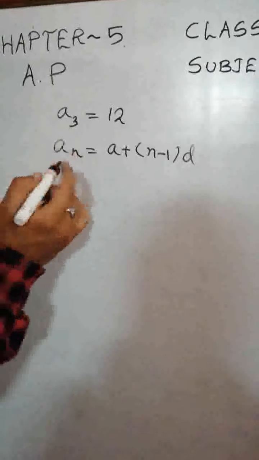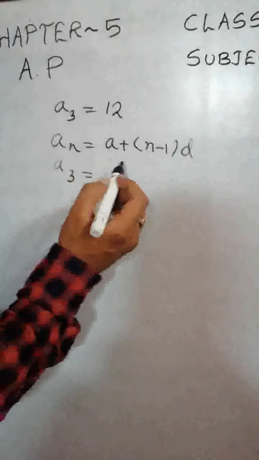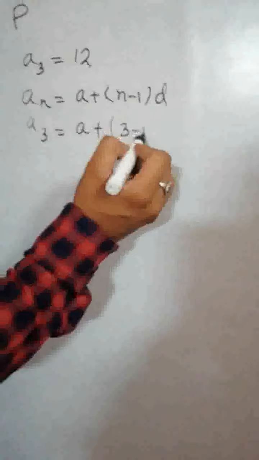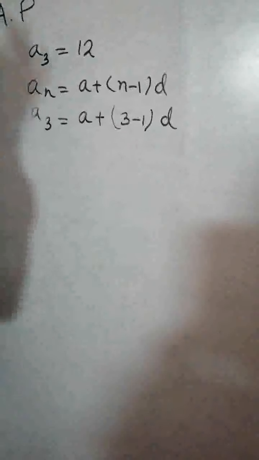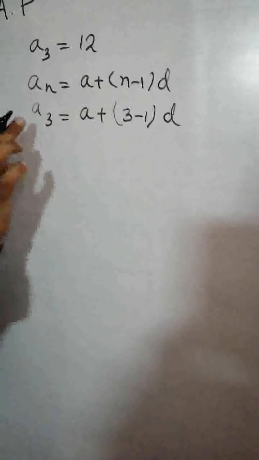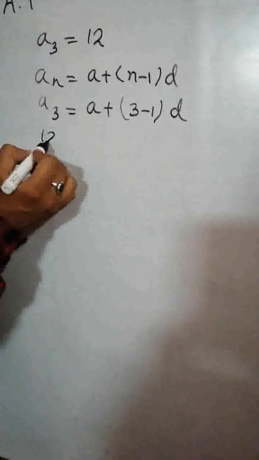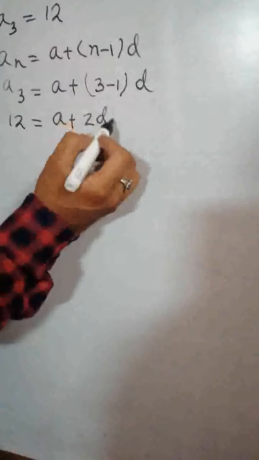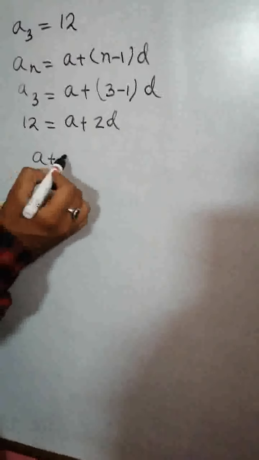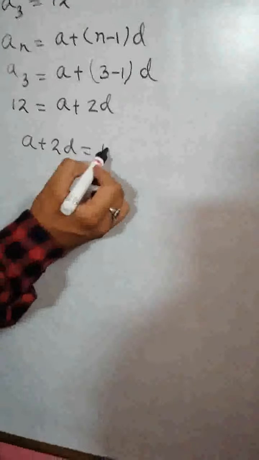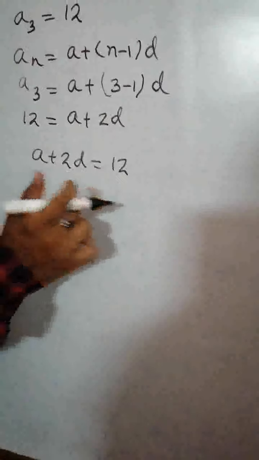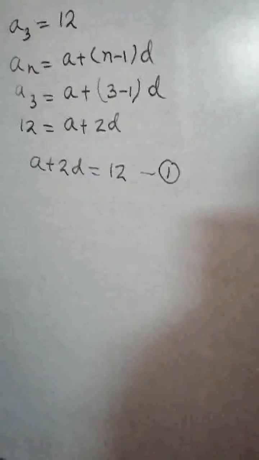So here the n value will be 3, a plus (3 minus 1)d. Neither do we have the value of a, nor the value of d. The third term is 12. a plus 3 minus 1 gives 2d, so a plus 2d equal to 12, equation number first.